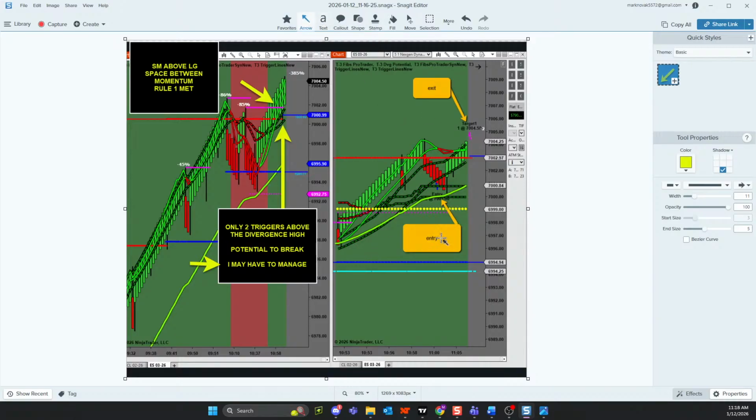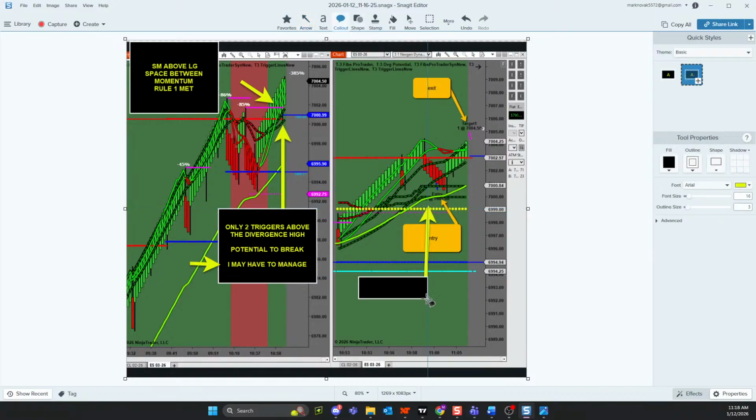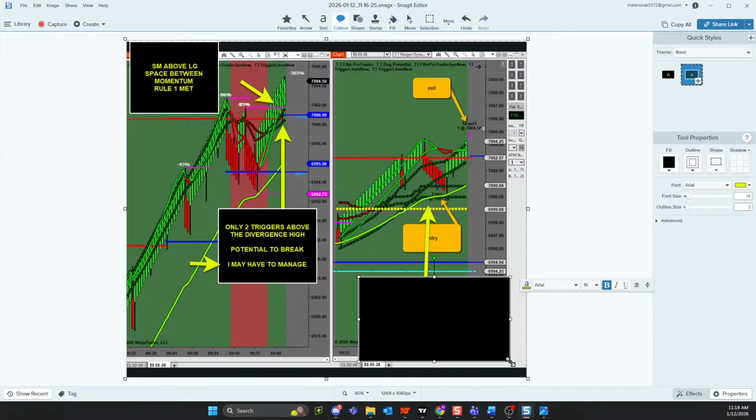And then watch this, Marika. And this is only a 1 point difference. The language for entry is I will buy, not but, I will buy a pullback, which you did, at an area, you were a little bit early, inside of triggers.